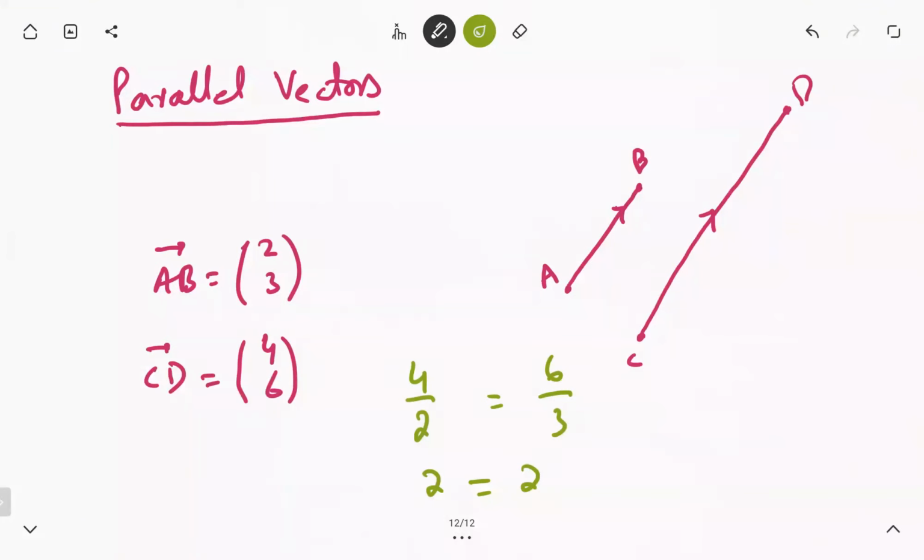Or further we can write, see here, CD is equal to 2 times of AB.